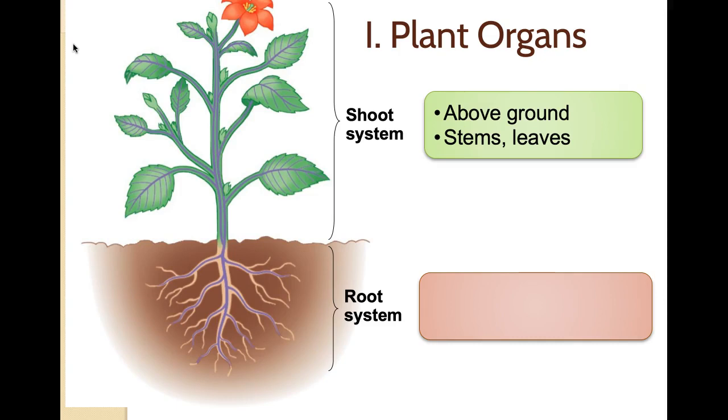The second system, and this one's pretty easy, is the root system, typically underground as we all think of it, and it includes the root organs. Vascular plants rely on these 2 systems. The shoot system is primarily for photosynthesis, and the underground system primarily for absorption from the soil.